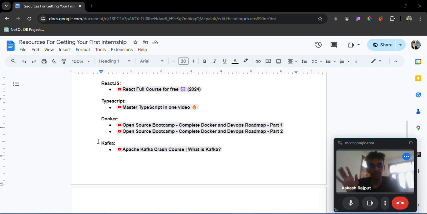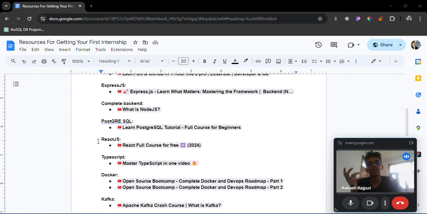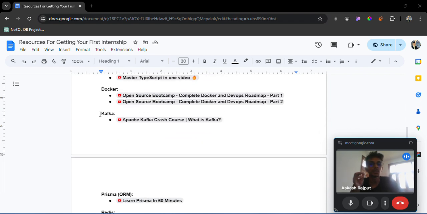Okay, what's up next, because we learned PostgreSQL, I believe you should learn Kafka. I guess many students don't know what Kafka is. Kafka is actually related to SQL, to data motion going through, like, okay, you can go through this crash course. Kafka is not so complicated.